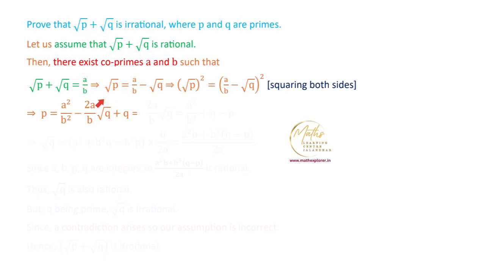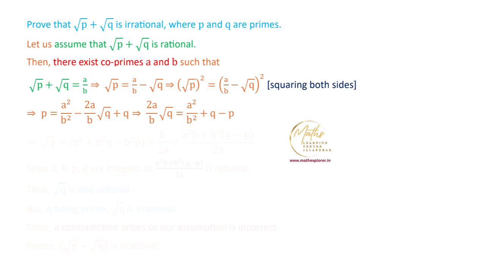Now we have only one term, this square root q, with the radical sign. Now if we calculate the value of this term, this implies that 2a by b into square root q, we have shifted this term to the left hand side and we have shifted this p to the right hand side, is equal to a square by b square plus p minus q.